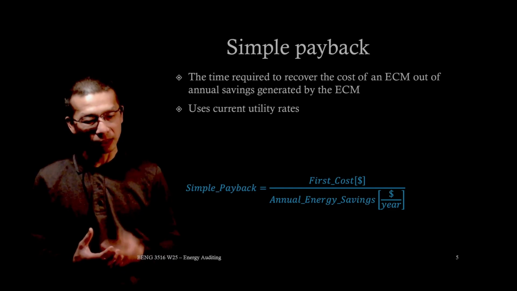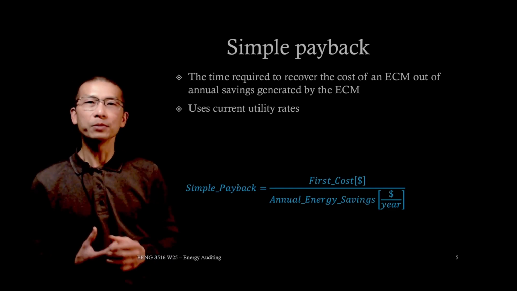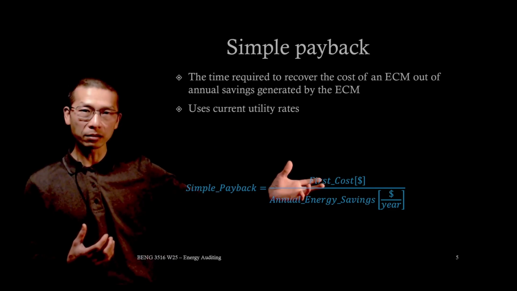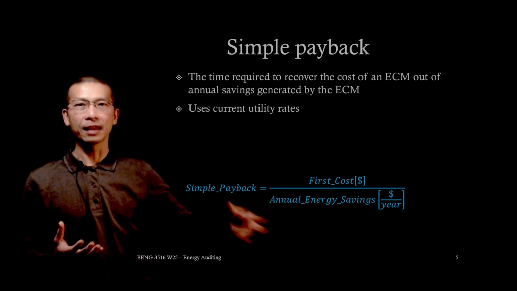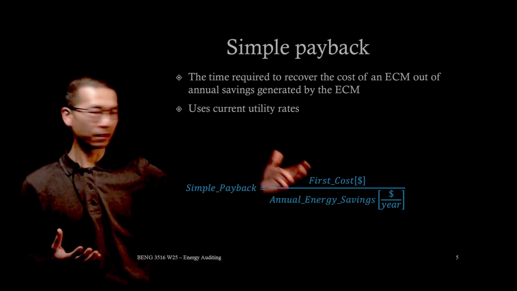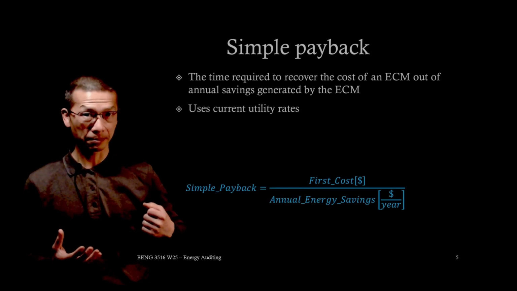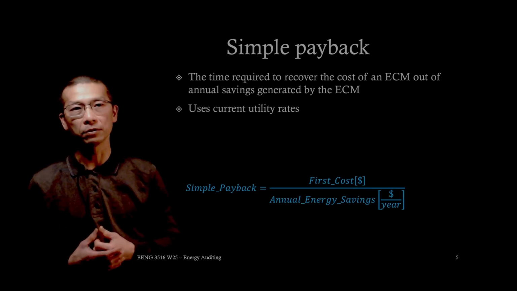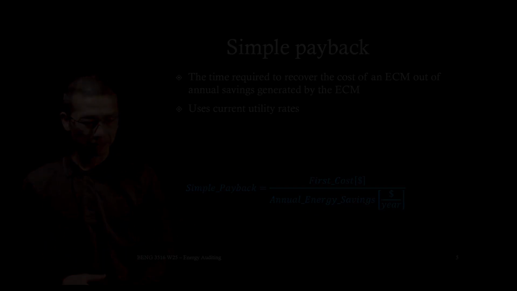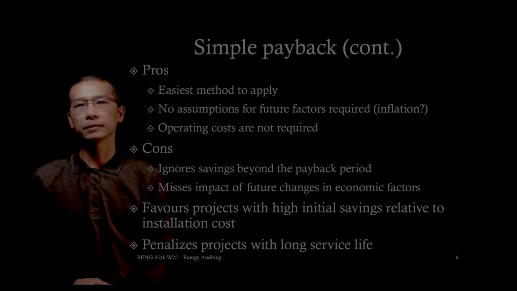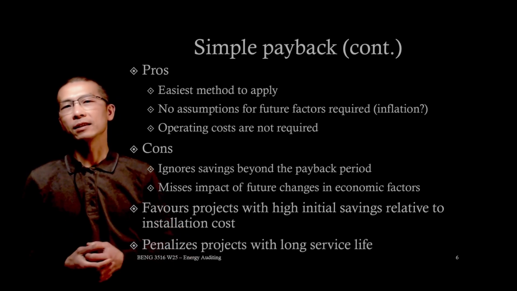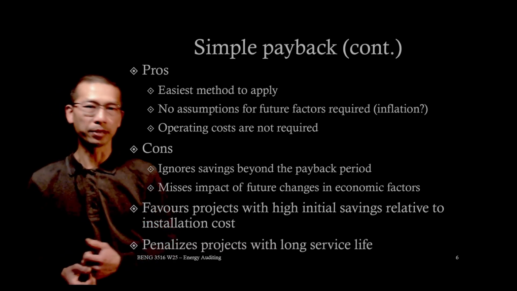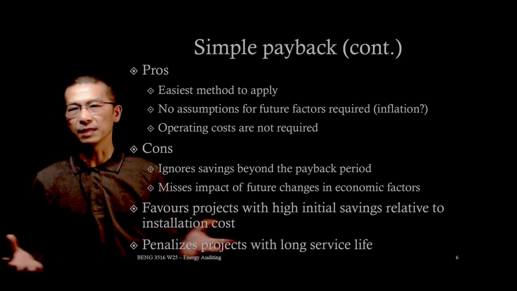Okay, so simple payback is simply the initial cost divided by the annual savings, and it tells how many years until you get the money back. That's the definition of simple payback. The advantage is that it's easy to apply, a very straightforward, simple formula.